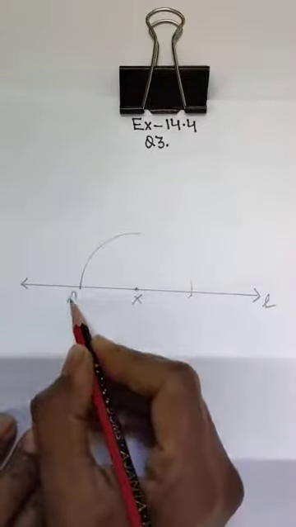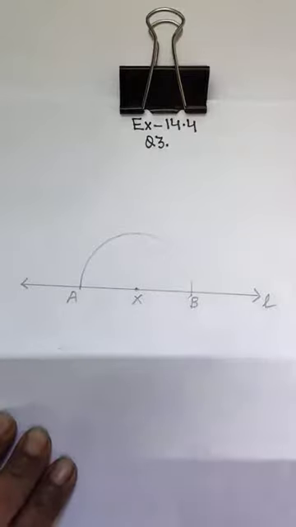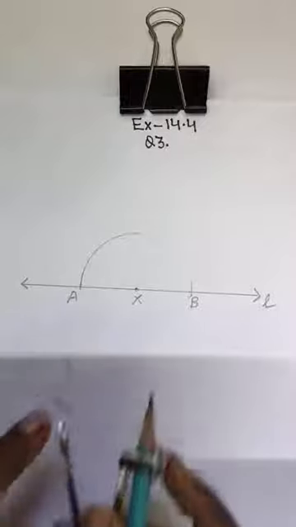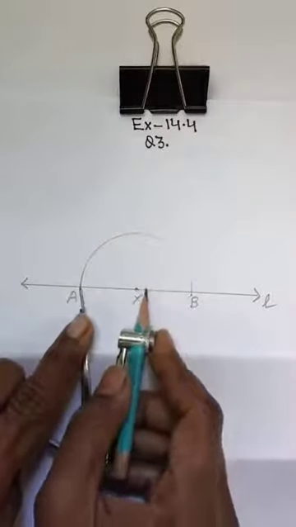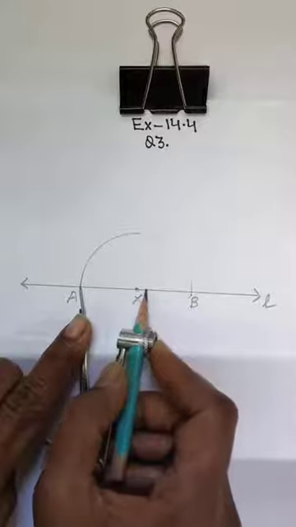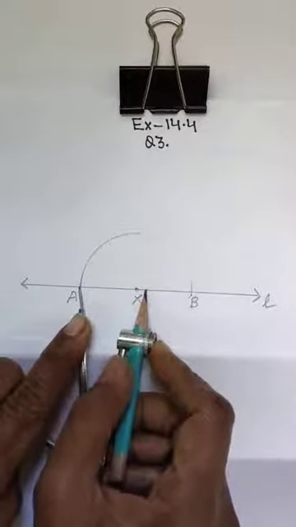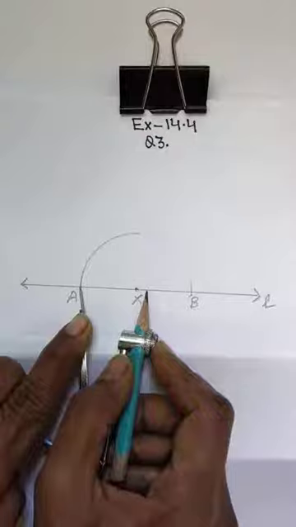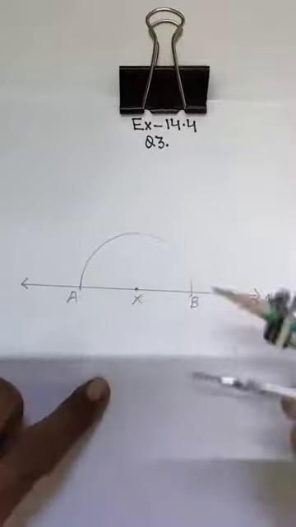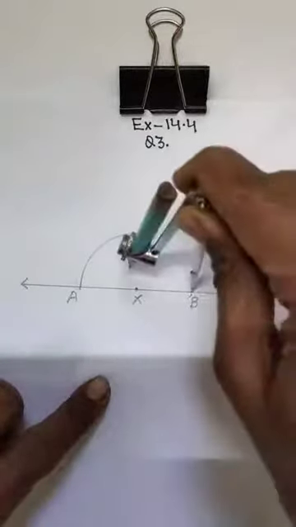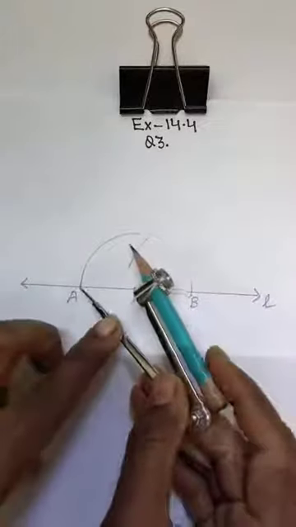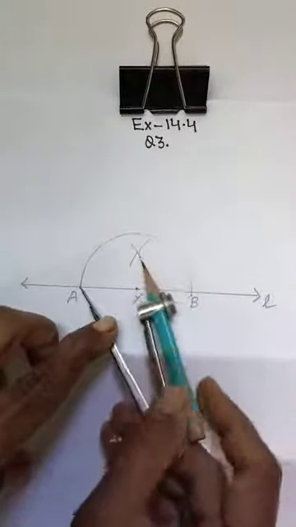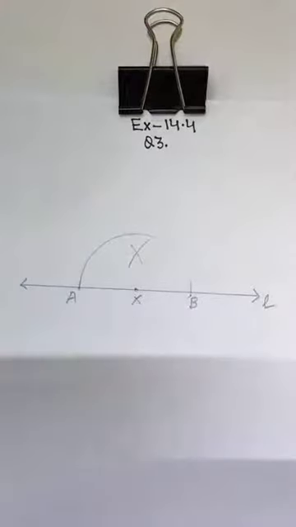Give them the names A and B. Now open your compass more than half of AB. Draw one arc from B and one arc from A. Okay. Let it cut at point P. Let us give it the name P.